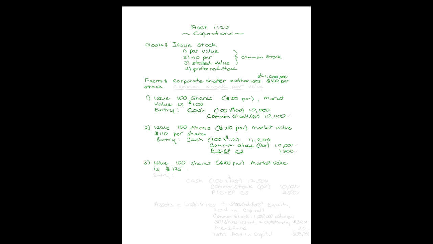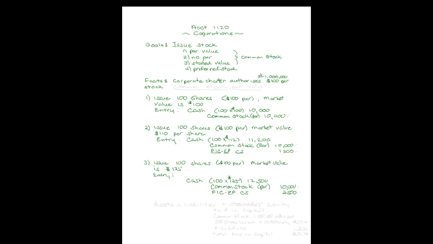Put this on pause, and you make the entry and come back and see how you do. Welcome back. How did you do? Cash, 100 times $125, 100 shares, $125 a share. Common stock picking up the par, 100 shares times 100, and paid in capital in excess of par from common stock, picking up the difference.